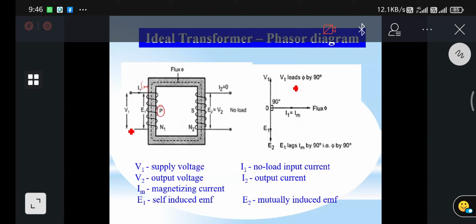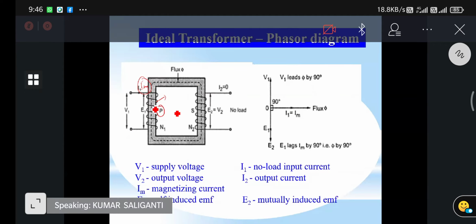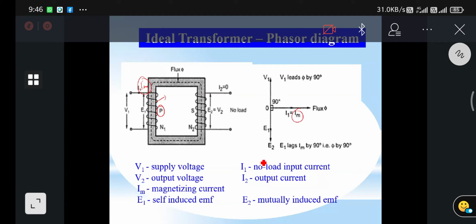Since the primary coil is purely inductive, the current Im lags. Because of the inductive coil of the primary, this Im always produces the flux within the core.